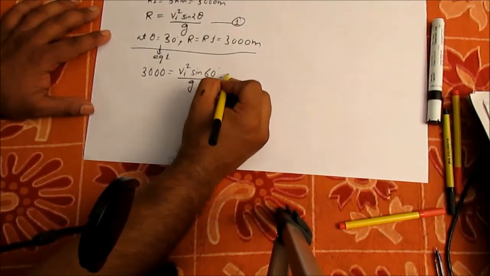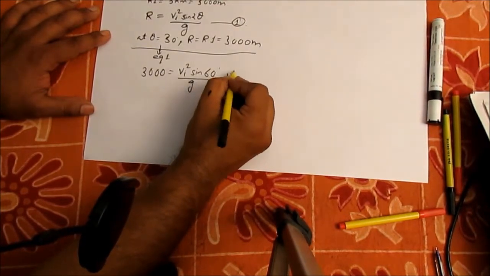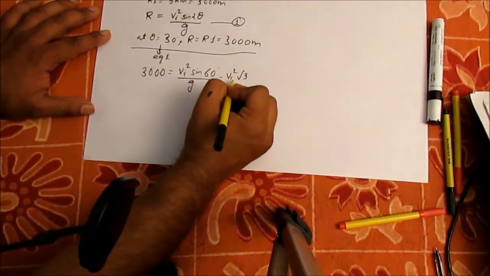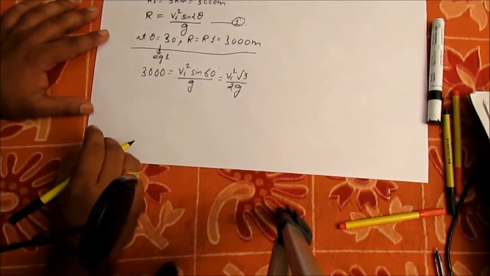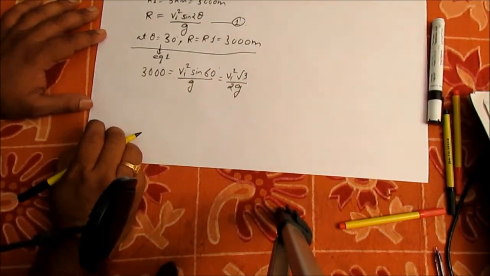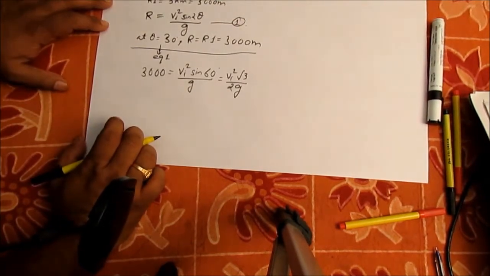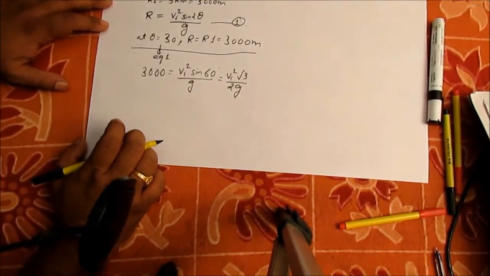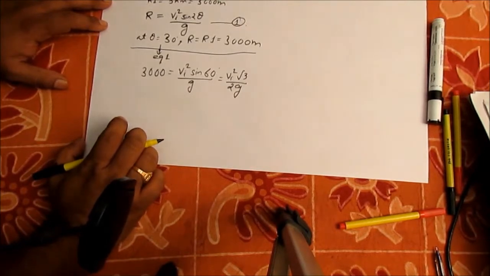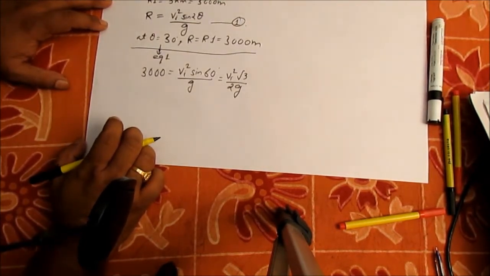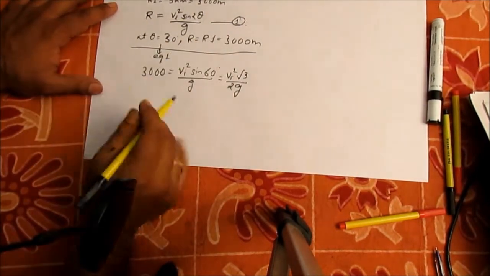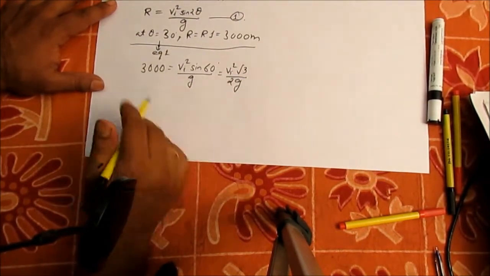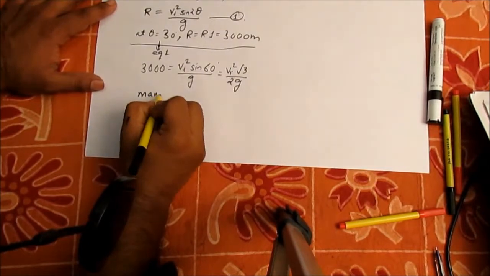I can rewrite it as Vi square root 3 by 2g. Now we have been asked, can it hit a target 5 km away? So let's first find the maximum range possible.